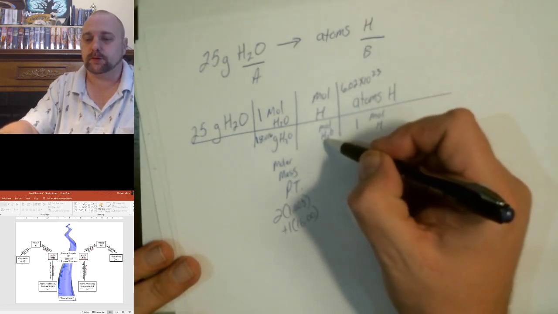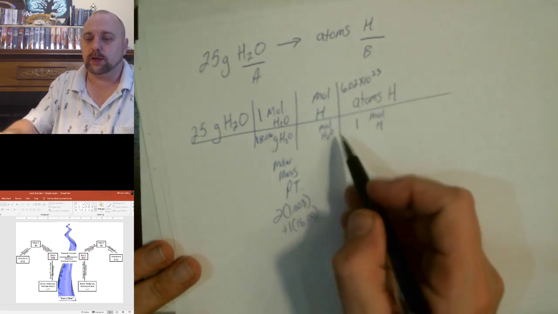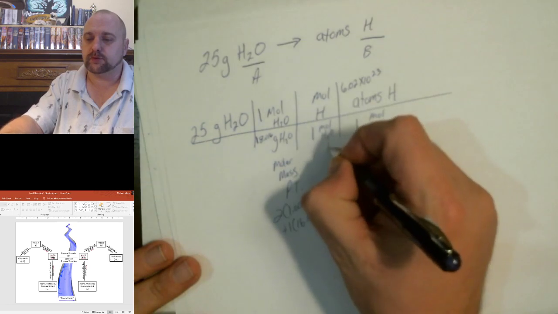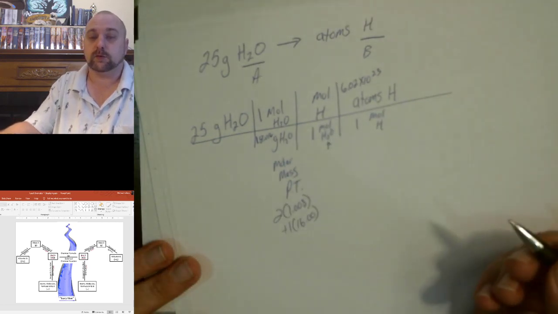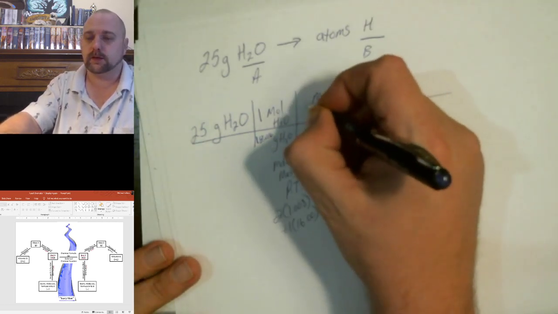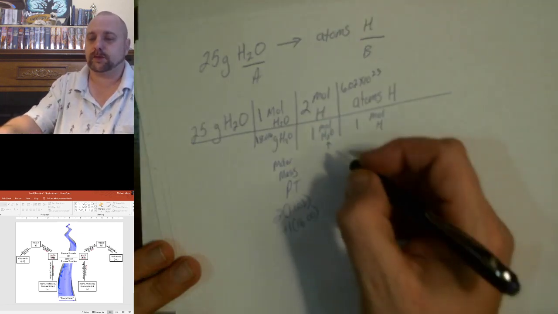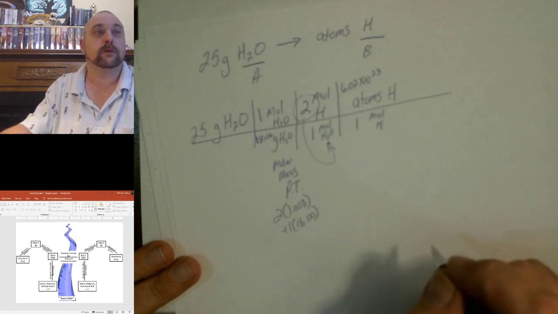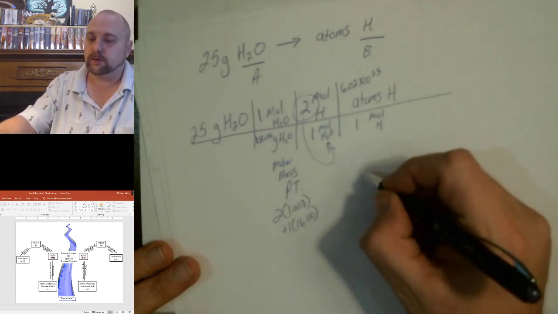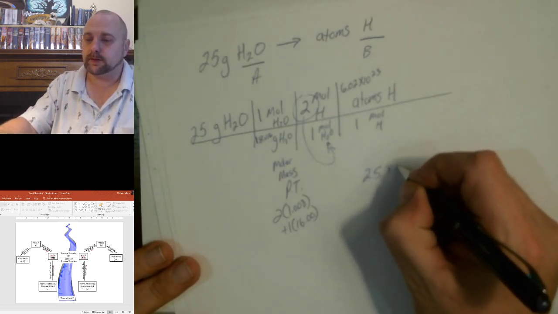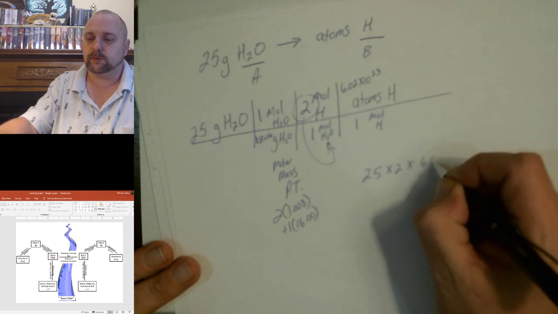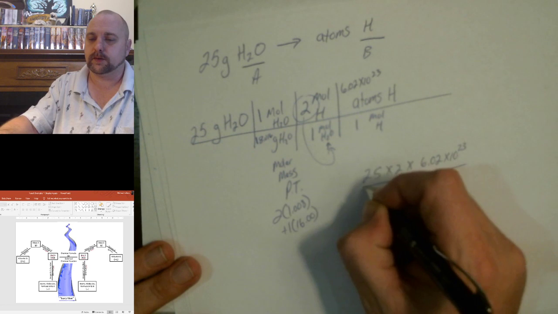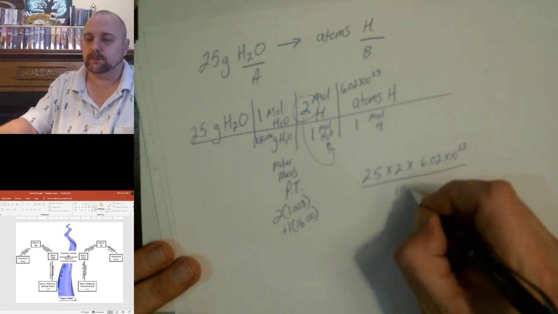So the chemical formula is telling me for every 1 mole of water I have, I'm going to take the subscripts here, and since we're worried about hydrogen, I'm taking that 2. So this 2 came from that subscript. So I'll have 25 times 2 times 6.02 times 10 to the 23rd all over 18.016.